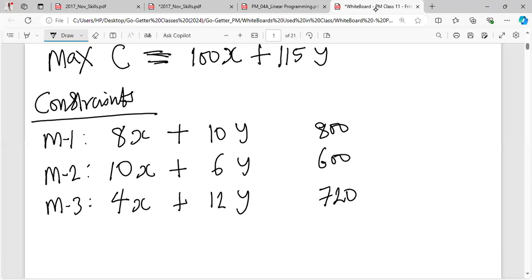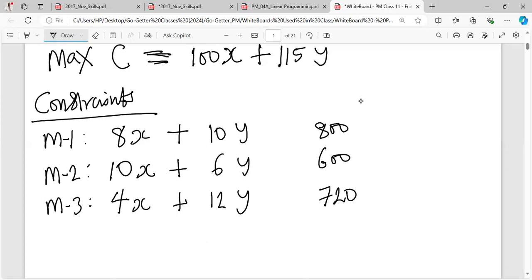It means you cannot go above 800, but you can do below 800. You can do 790, 799, 600. So it means that all these machine hours that you'll be using to do your X and Y must not exceed 800. So how do we represent it mathematically?